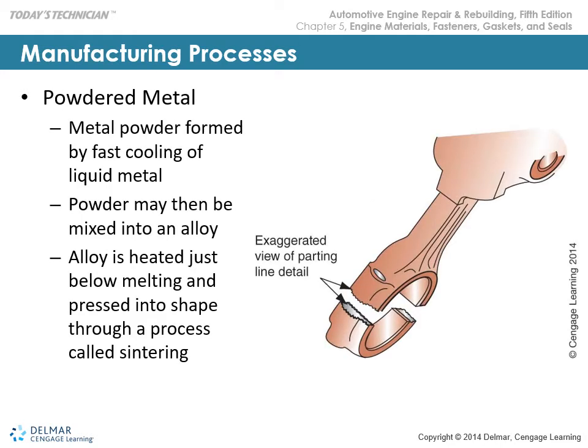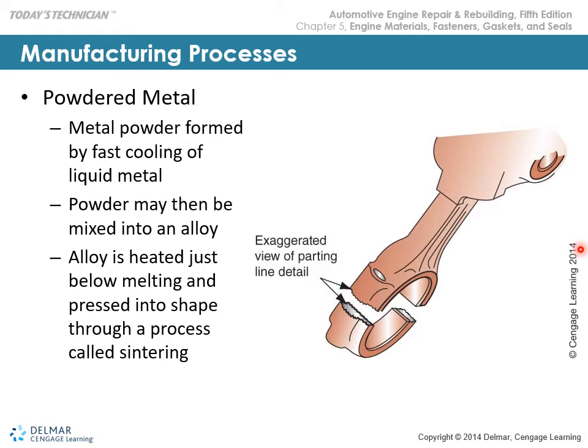Powdered metal is essentially melted powdered metal that goes into a mold, and it has a variety of alloys based on the application. Here we're showing connecting rods that are powdered metal, and these are not a cut, but are basically a fracture fit that is very precise.